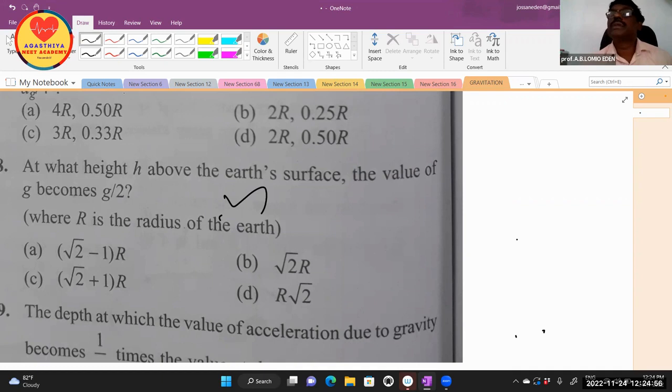You can do this. At what height does the acceleration due to gravity become half of the value at the earth's surface? I'll give 1 minute. Tell the answer quick, or otherwise I will do it.